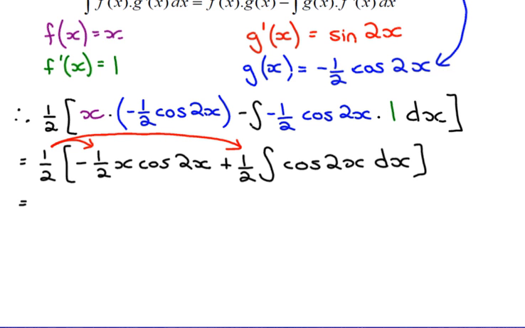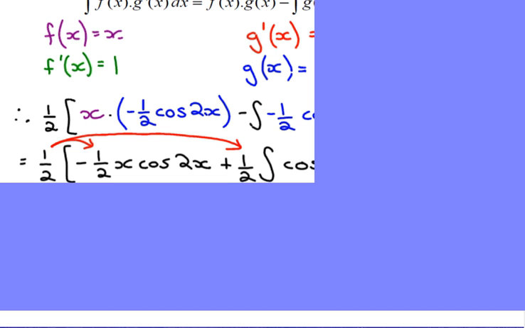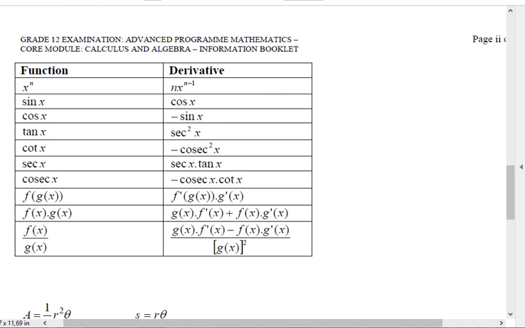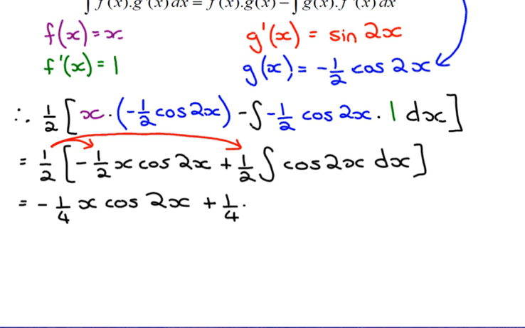So this becomes negative a quarter x cos 2x plus, half times a half is a quarter, times the integral of cos 2x. Go to your table. Here we go. I see cos of an angle. The integral is sine of an angle. So it's sine of an angle, but because of that 2, I've got to have that half to counter it.